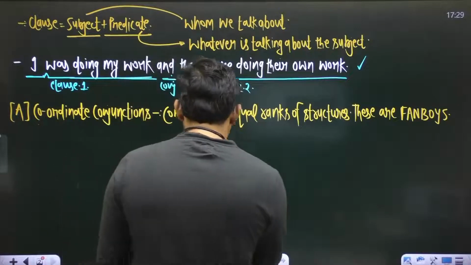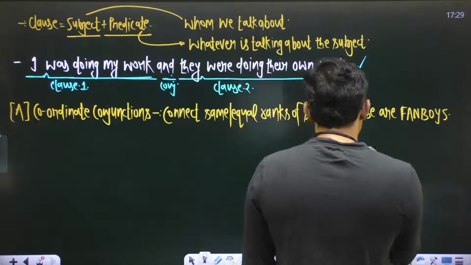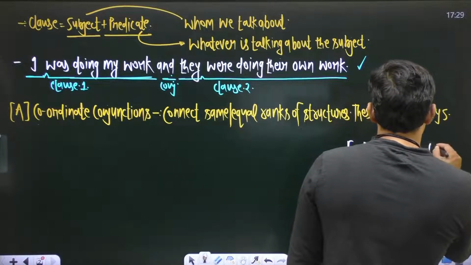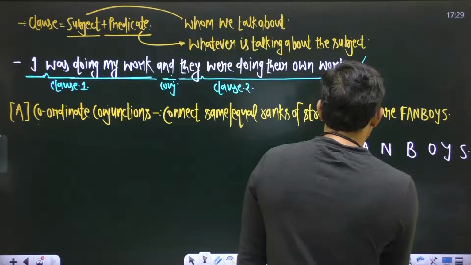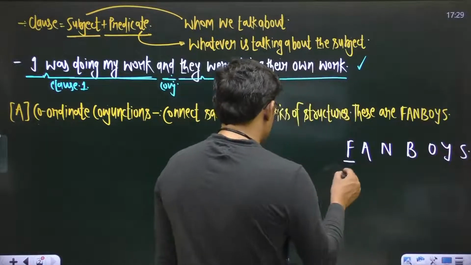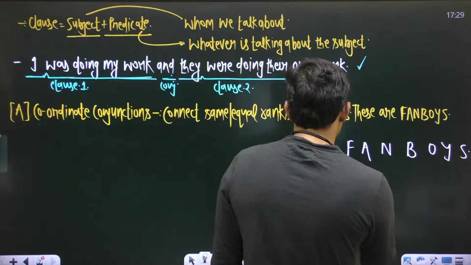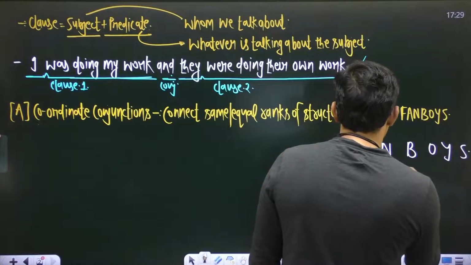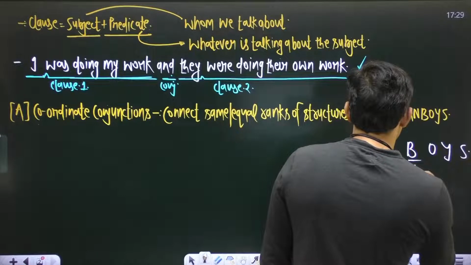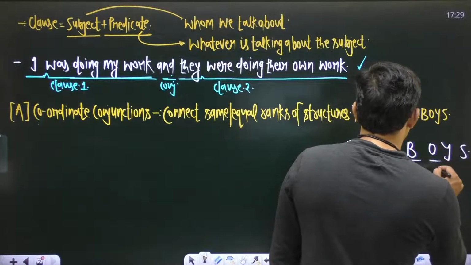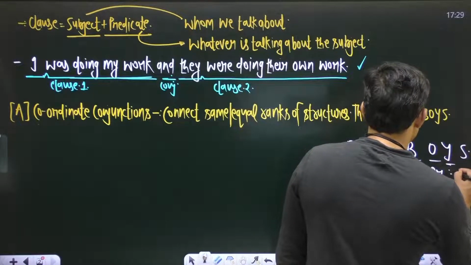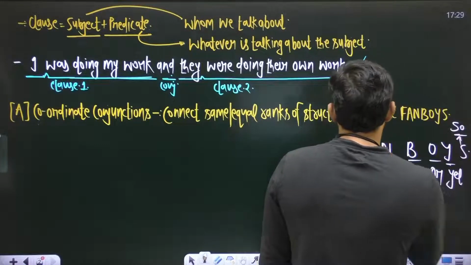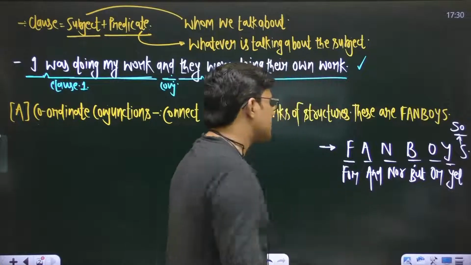F denotes for, A denotes and, N means nor, B denotes but, O denotes or, Y means yet, and S denotes so. So these are coordinate conjunctions.